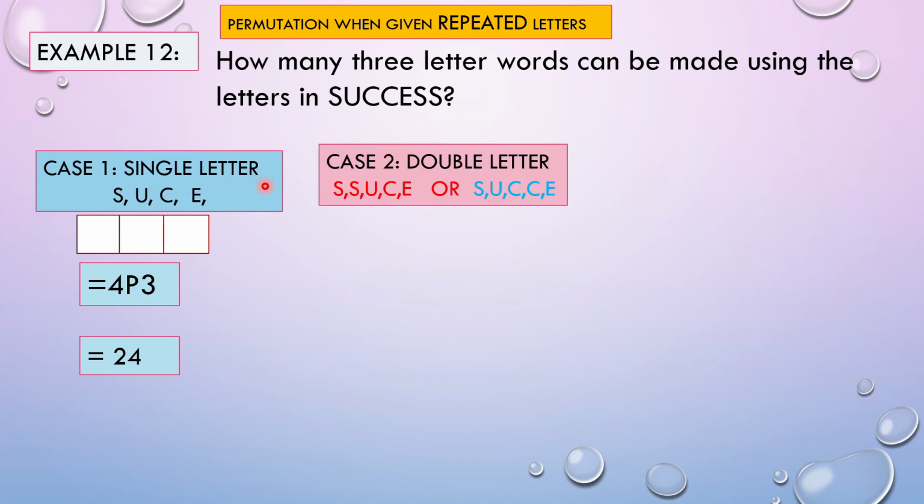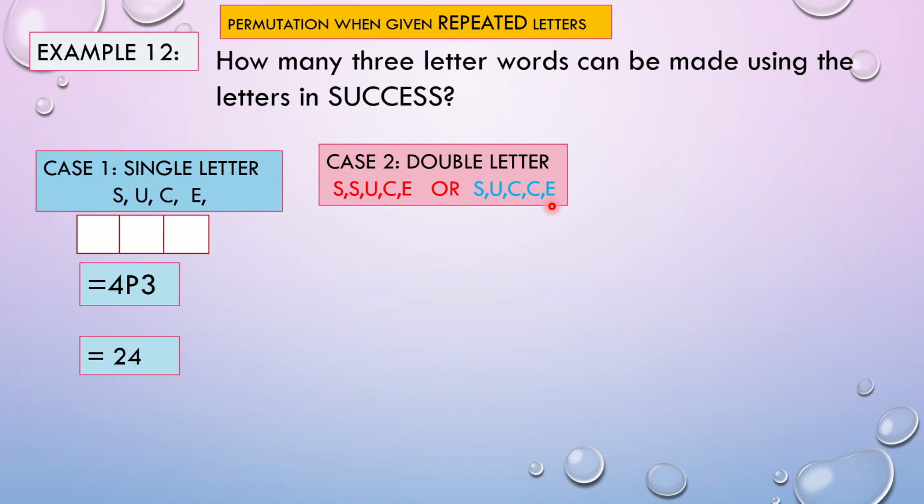The second case will be double letter. Here I'm going to choose 2 S. The first set of letters will be 2 S, U, C, E, or the second set of letters will be S, U, C, C, E. I hope you can clearly understand.